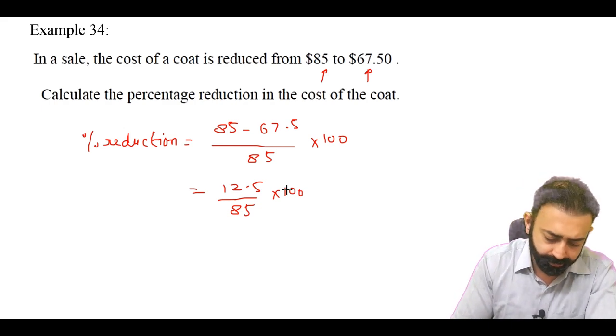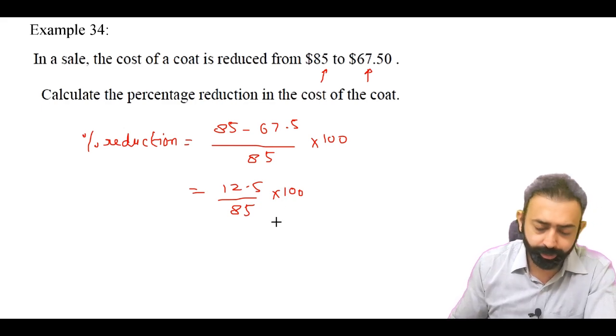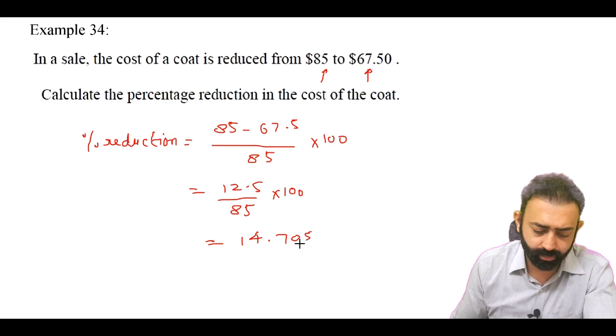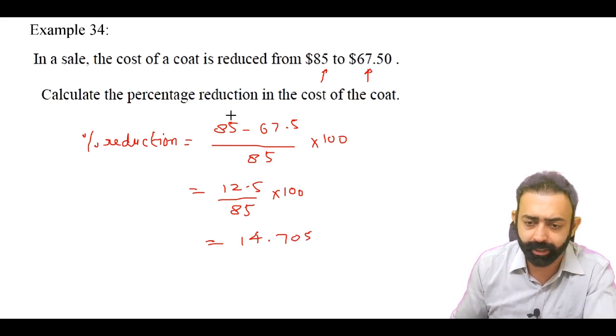So here we have 14.705 and so on. 14.71 you can say up to 2 decimal places. Percentage reduction.